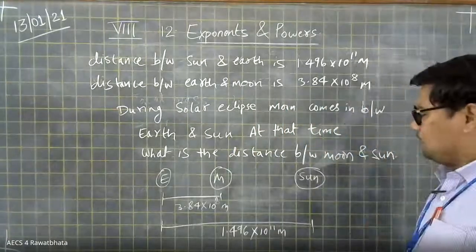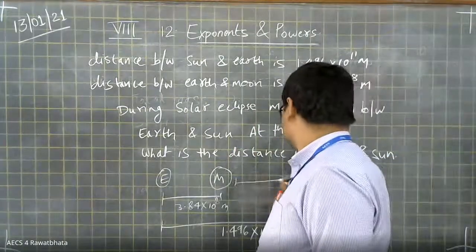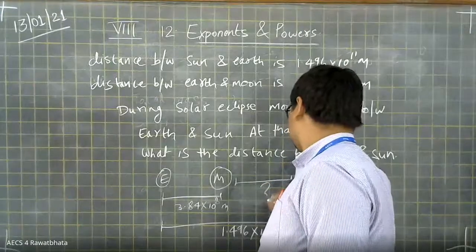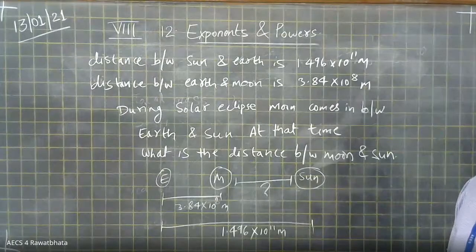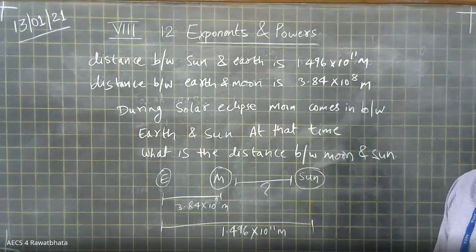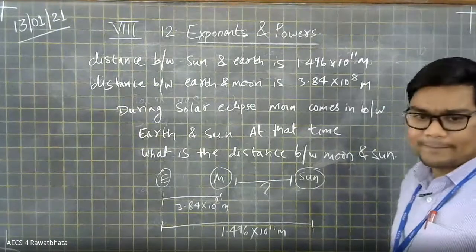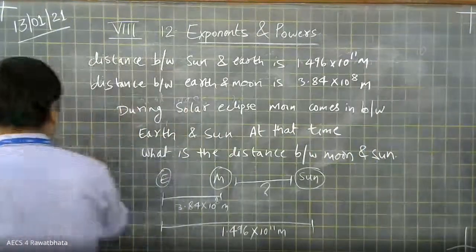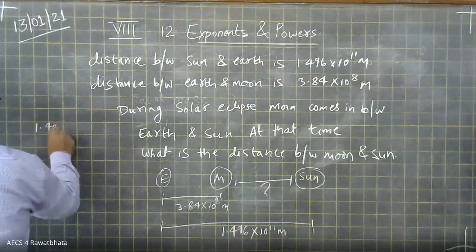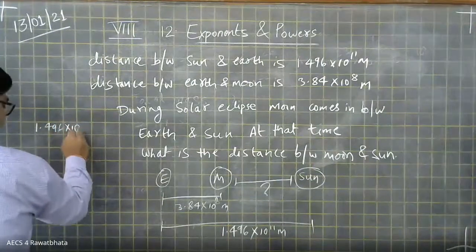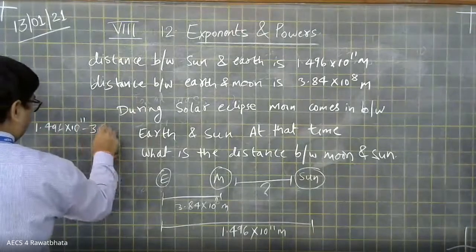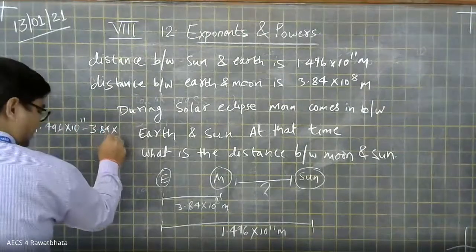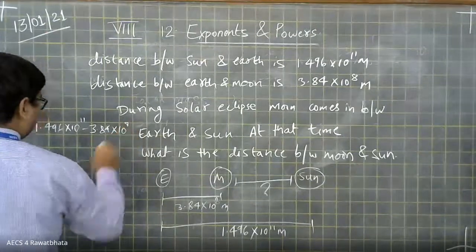Okay, we have to find out this distance. So from this we have to subtract this: 1.496 into 10 to the power 11 minus 3.84 into 10 to the power 8.